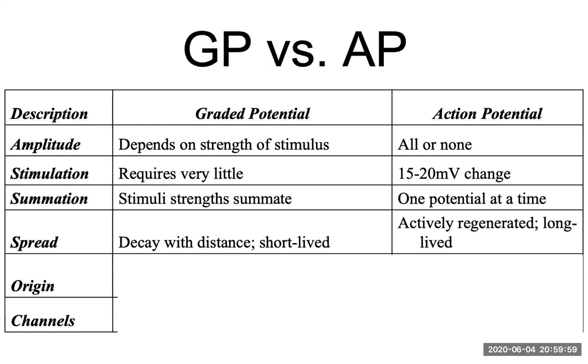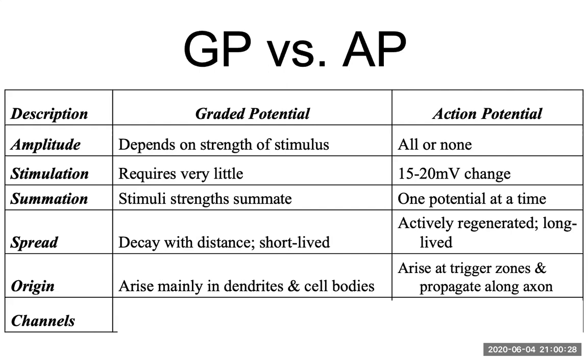Your potassium channels remain open for a little bit longer than they should, and all your sodium channels have closed. And in that hyperpolarization stage, because your sodium channels are closed and the cell is hyperpolarized, we cannot generate more than one potential at a time. The spread of a graded potential decays with distance. It's very short-lived, and an action potential is regenerated and longer-lived.